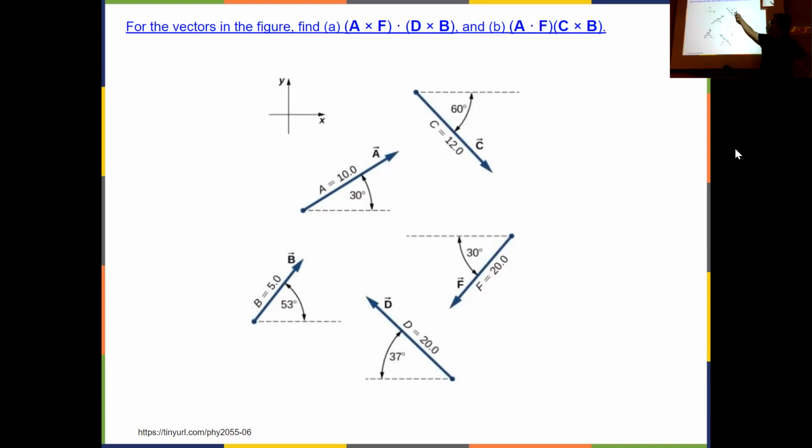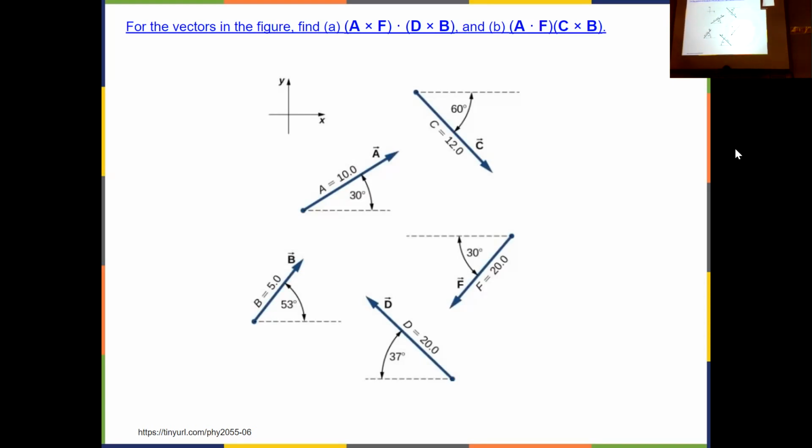So C cross B looks like it will give you a vector in the positive z direction. If this is x, this is y, then positive z is in this direction. That's also by the right-hand rule. So x, y, z.